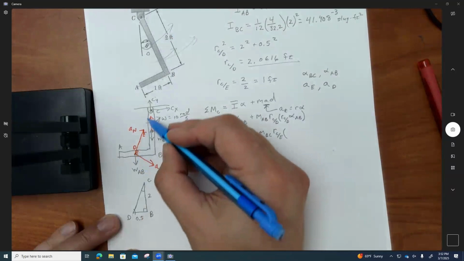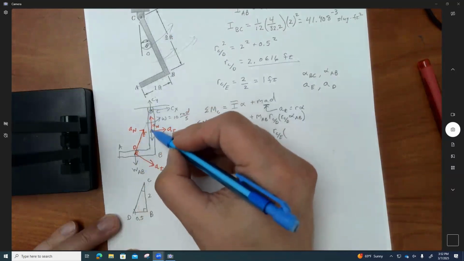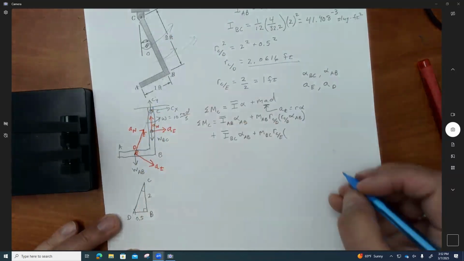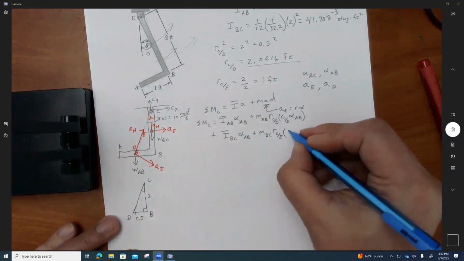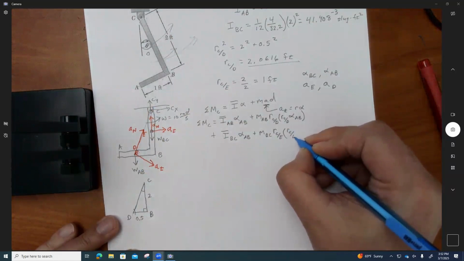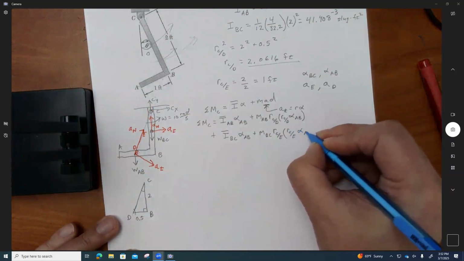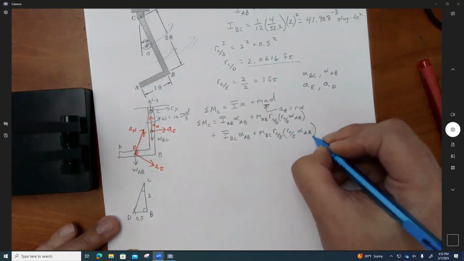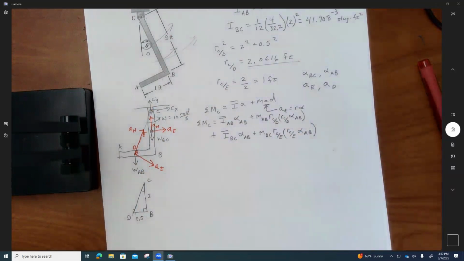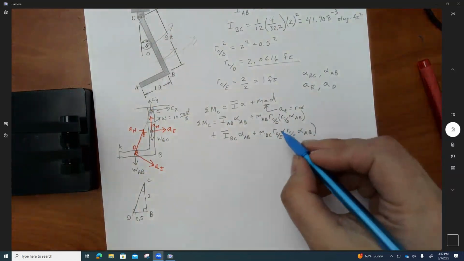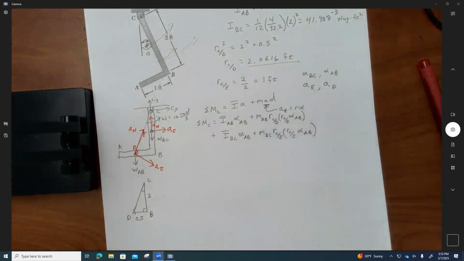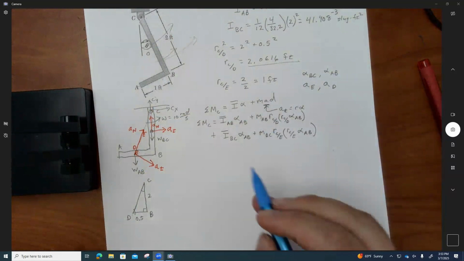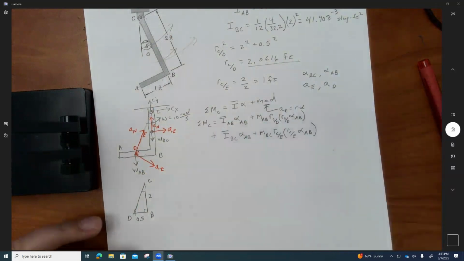Both of the normal components go through C. So let's have R of C relative to E multiplied by alpha AB again.